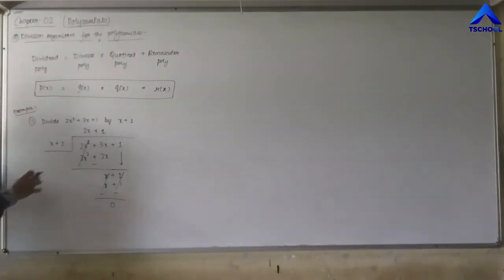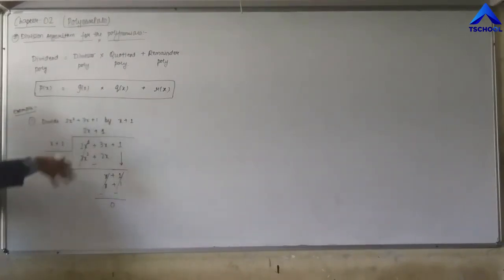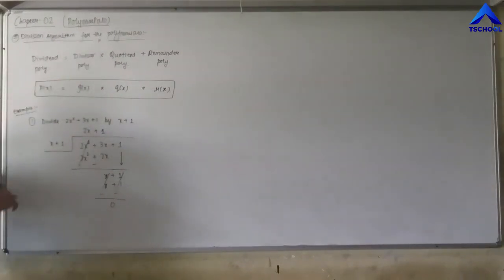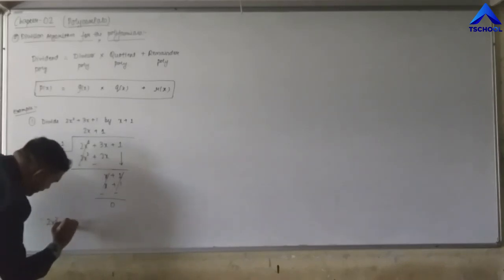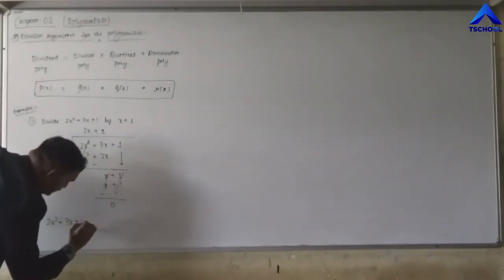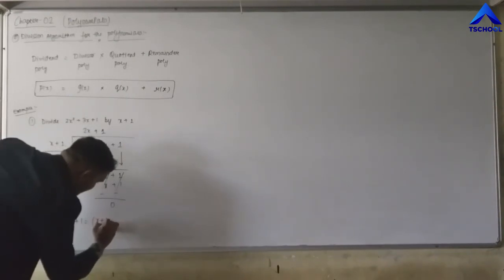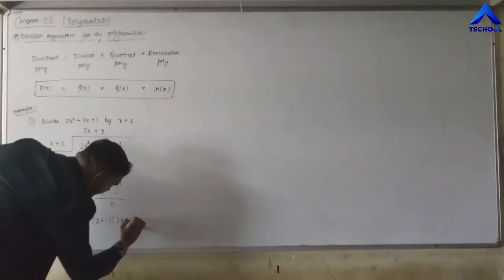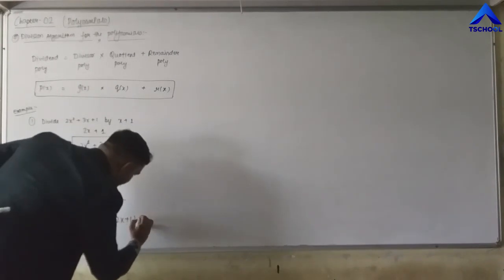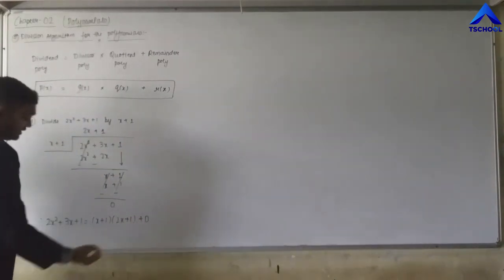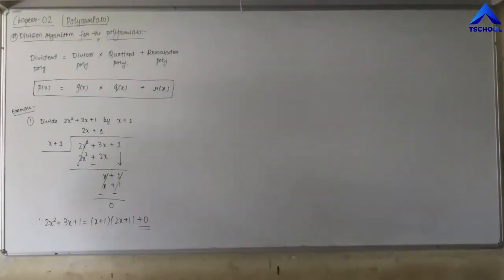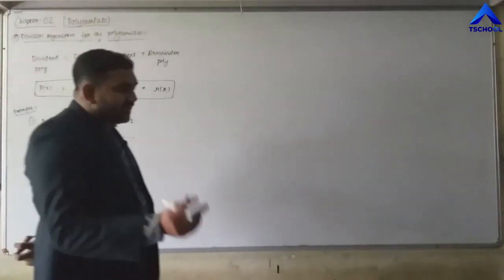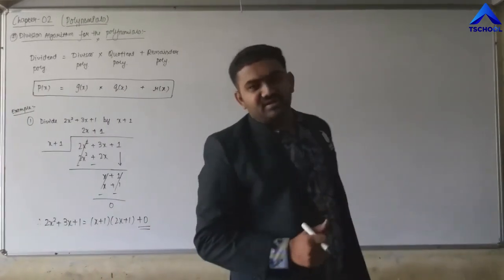So in this case, if I were to write down this whole division in the form of the division algorithm, then I shall write 2x square plus 3x plus 1 is equal to x plus 1 into 2x plus 1 plus 0. See, this plus 0, I said if the remainder is available to you, then you are going to add it up in the division algorithm.